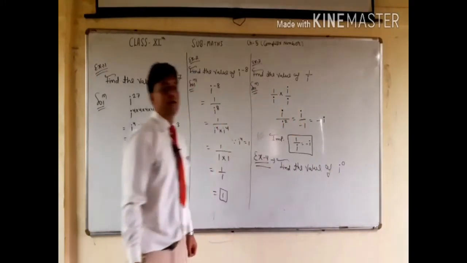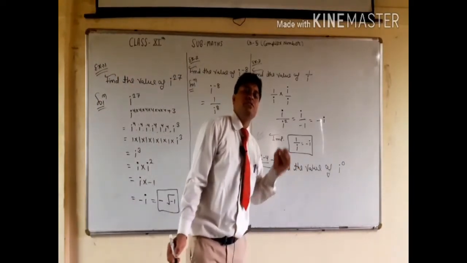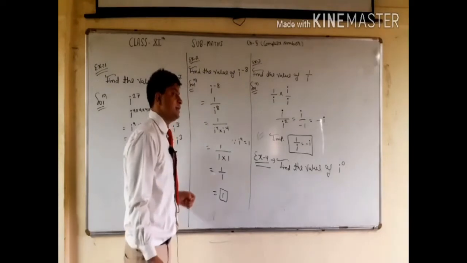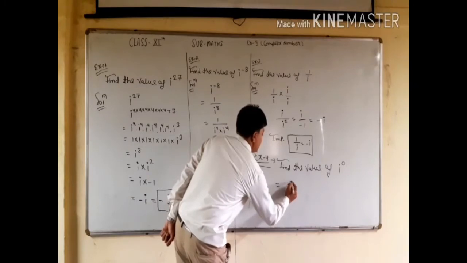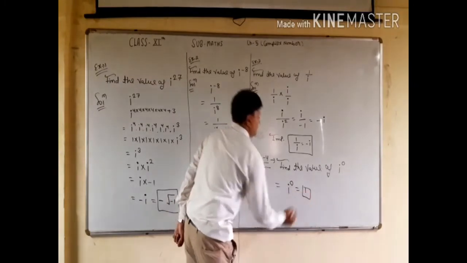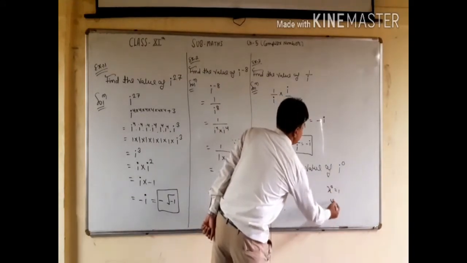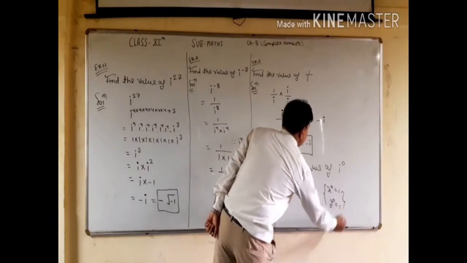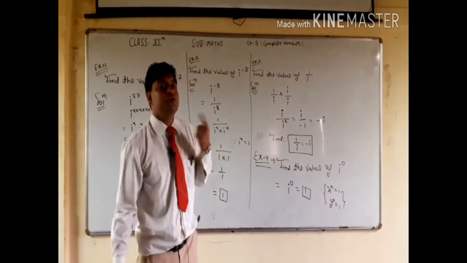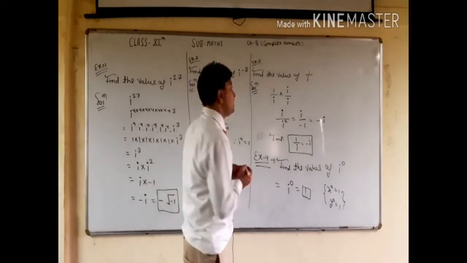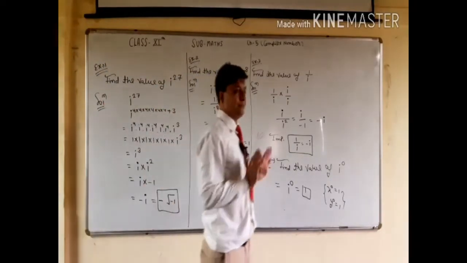We know that every number which has power 0 is equal to 1, because x power 0 is equal to 1, y power 0 is equal to 1. And we know that 0 is also a multiple of 4. 4 into 0 is equal to 0. So every multiple of 4 is always equal to 1. Okay students?